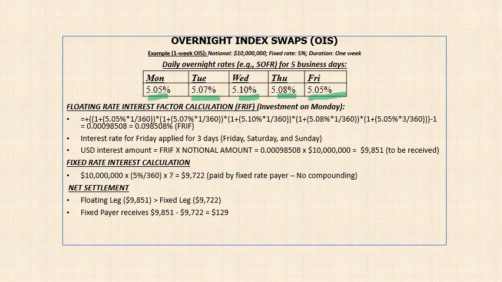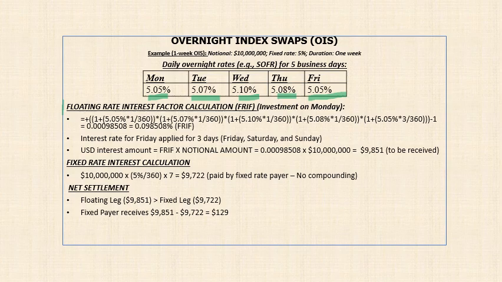Floating rate interest factor calculation based on the formula is as follows. 1 plus 5.05%, which is the rate for Monday, into 1 divided by 360. This figure is multiplied by 1 plus 5.07% into 1 by 360.